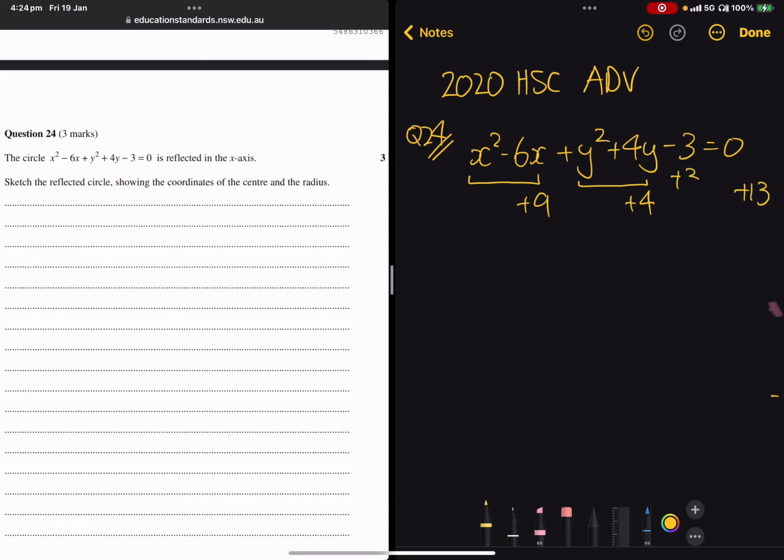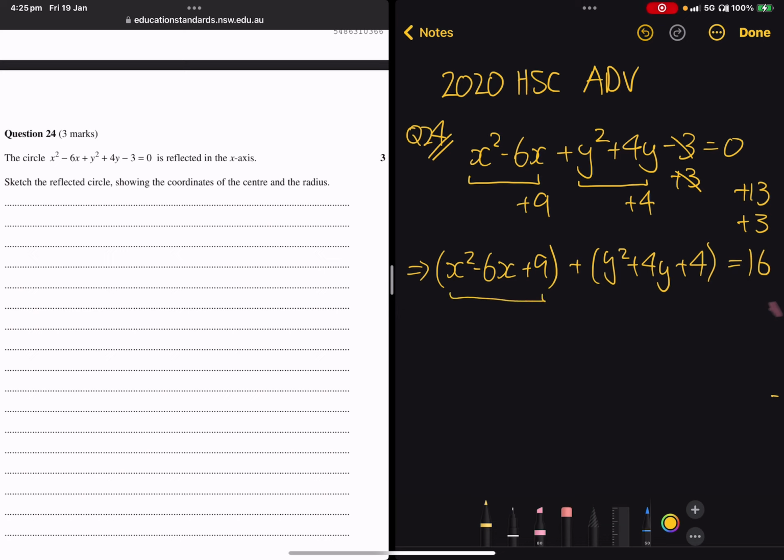We're then going to move the 3 to the other side by adding 3 to both sides. This will give us x squared minus 6x plus 9 plus y squared plus 4y plus 4 is equal to 16. This is a perfect square, and it is actually the perfect square x minus 3 all squared.